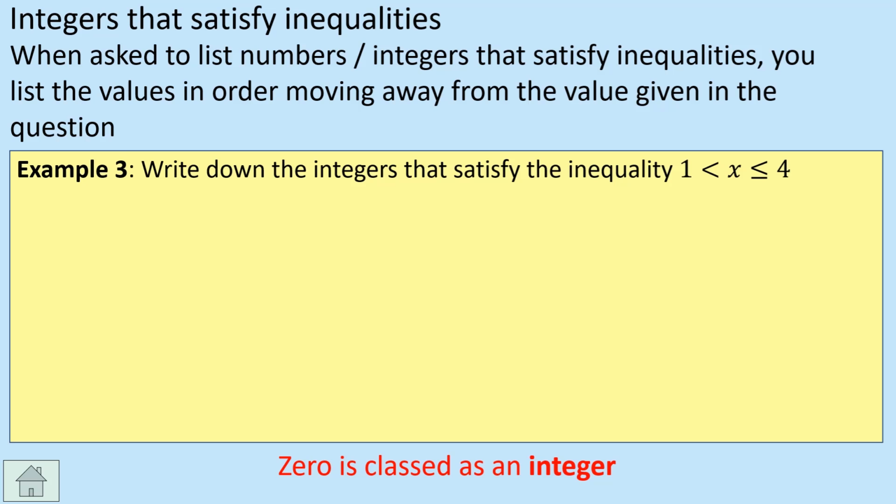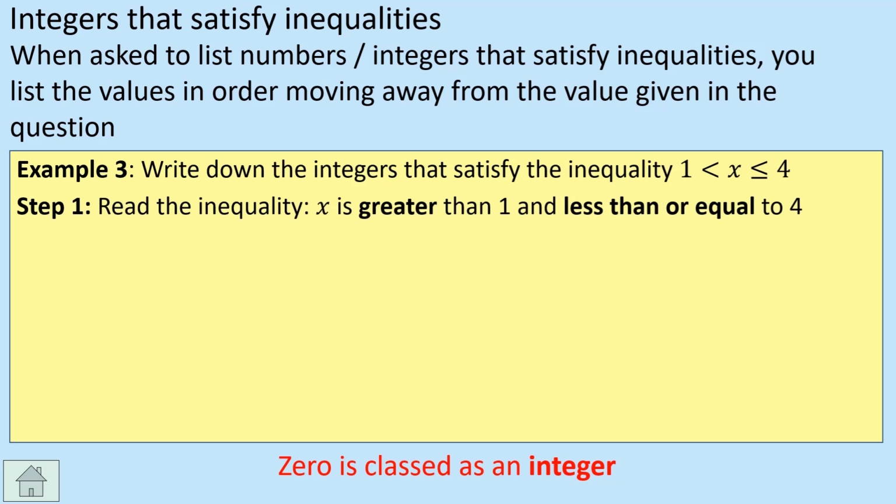As before, we're just going to read the inequality. So x is greater than 1. That's the first bit here. You'll notice it's the other way around. If you're reading it the other way around, you would say 1 is less than x. But reading it back to front, x is greater than 1, and it is less than or equal to 4. You'll notice this idea that it's in between these two.